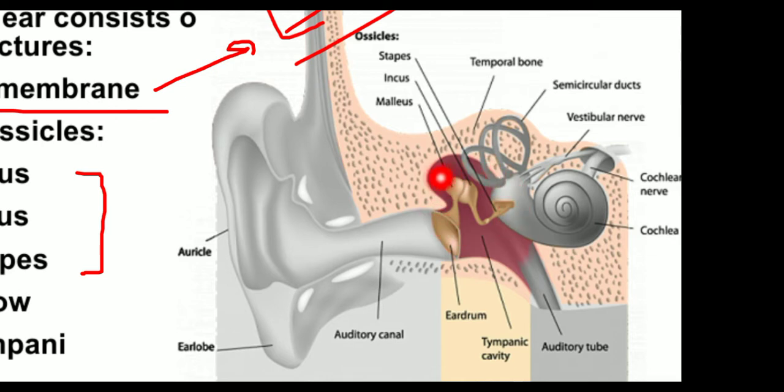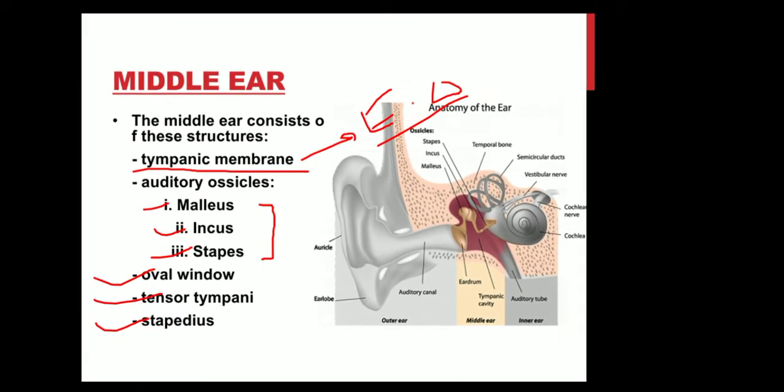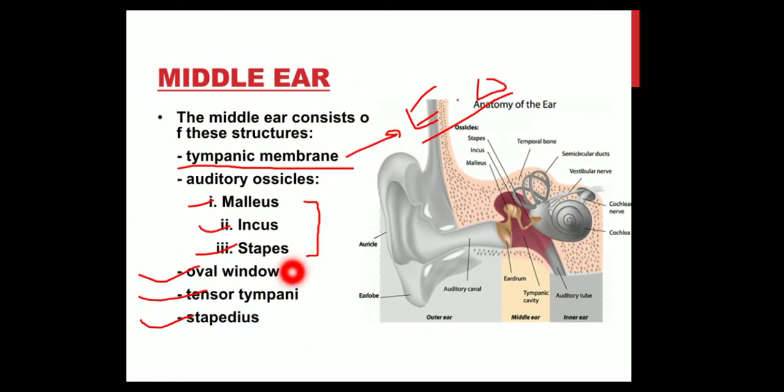Next to the stapes there is the oval window, which we'll discuss more in the internal ear part. The tensor tympani is the muscle attached to the eardrum and the malleus, and the stapedius is the smallest muscle, attached to the stapes near the oval window.